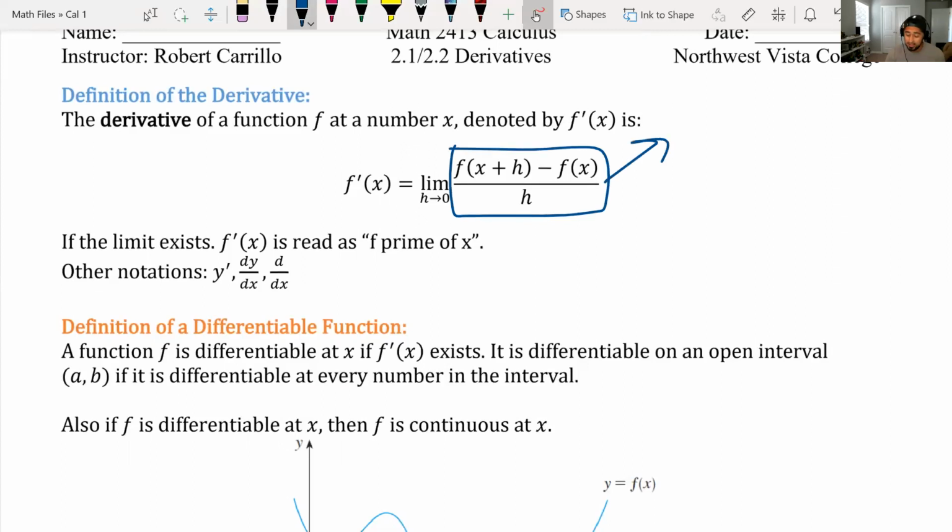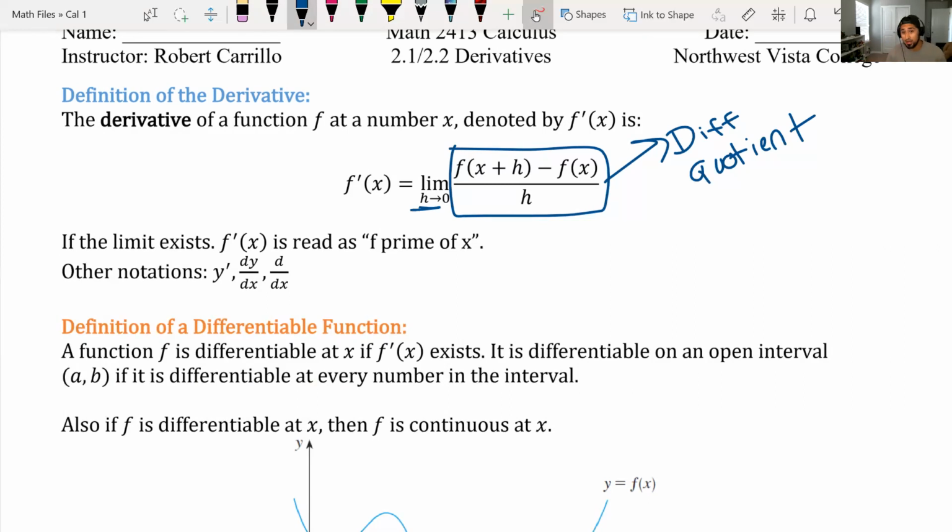This part is just the difference quotient. This is the difference quotient function. That's the difference quotient. And the derivative, all the derivative is taking the limit as h approaches 0 of the difference quotient. So we are used to doing the difference quotient by now.